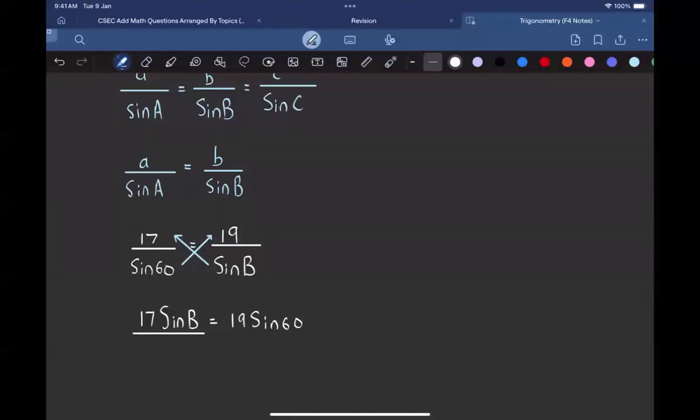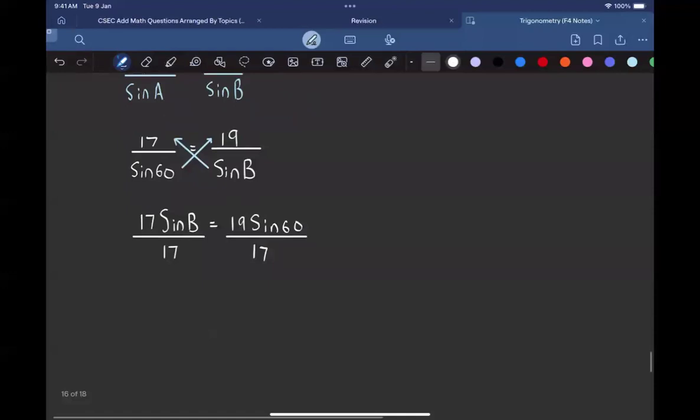No, sine B is a whole thing by itself. If you have to find the angle, you'd have to find the sine inverse. So sine B equals 19 sine 60 over 17.